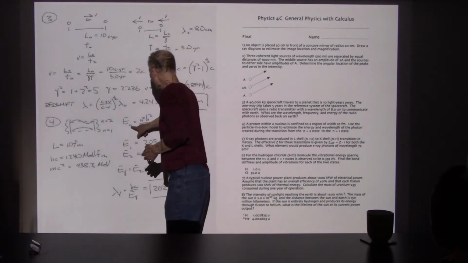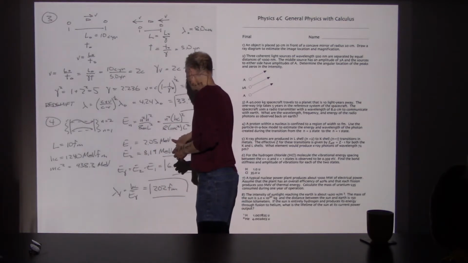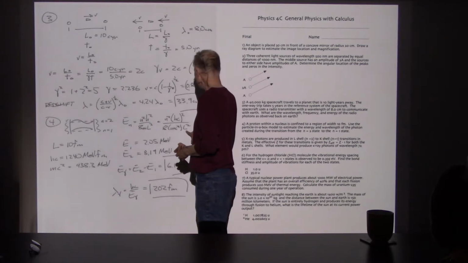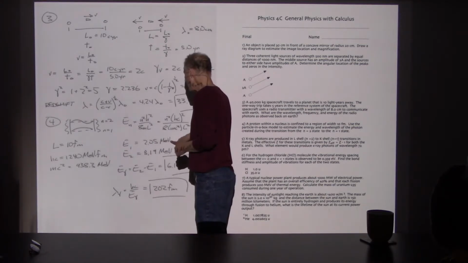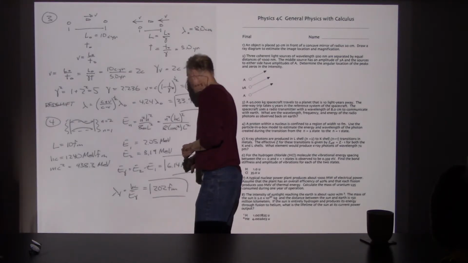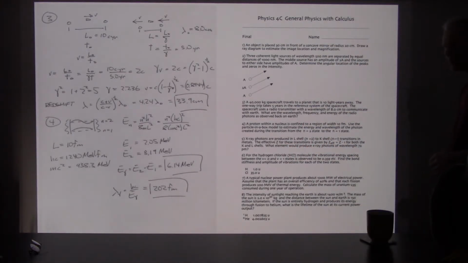So working from the formula for an infinite potential well, we ended up with, plugging in the numbers here, this was what, 10 femtometers? We ended up with 2.05 MeV for this first state and 8.19. It says that the photons generated are going to be 6.14 MeV. That's enormous. These are gamma rays, right?